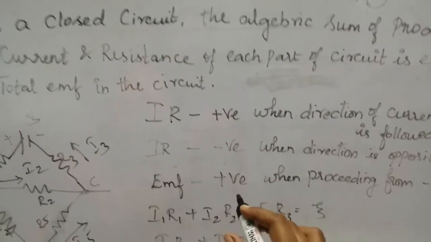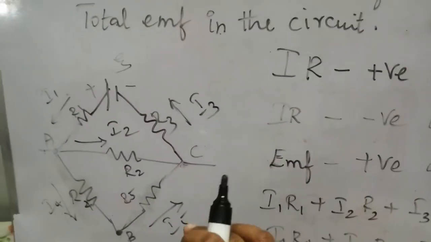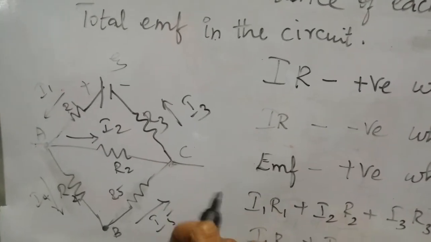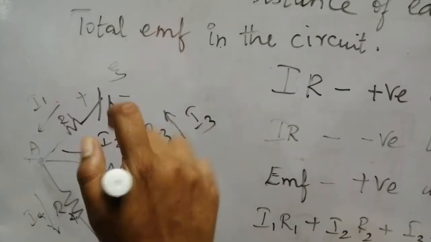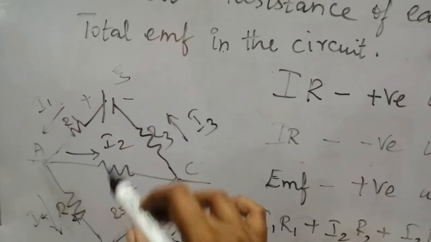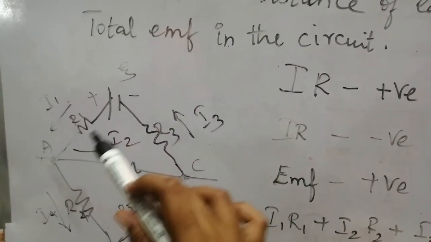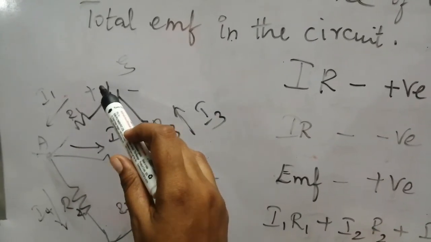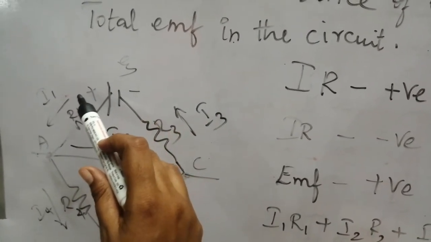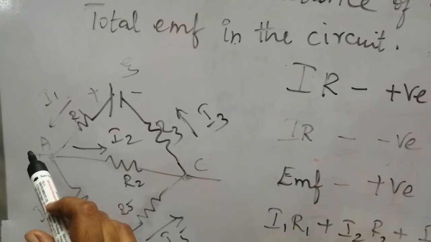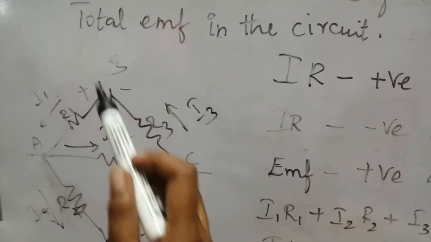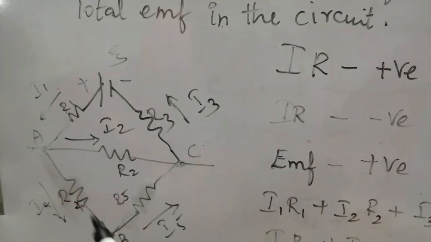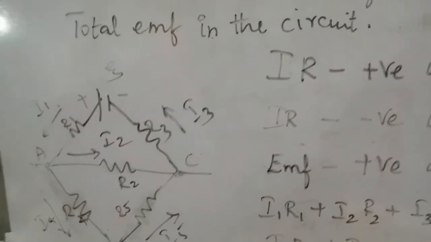For your understanding, we take a circuit like this. See, it is completely a closed circuit. You have an EMF and the current direction is also given. You have five resistors here and current is flowing from the positive terminal of the battery in this direction for resistance R1, this direction for R2, this direction for R3, and for R4, R5.